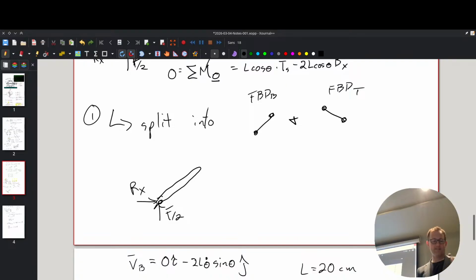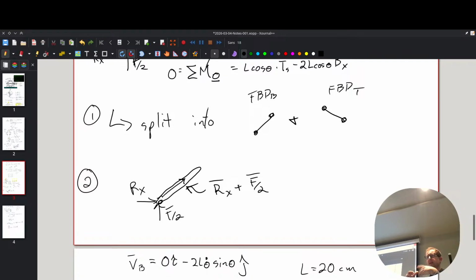All right. So the second way is that I know I can't have a resultant that's not along my beam, because the hinge is not creating a torque.